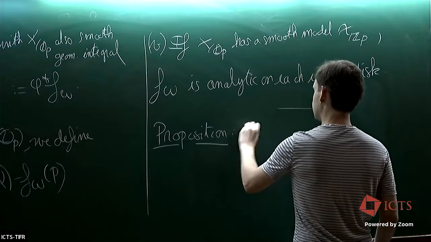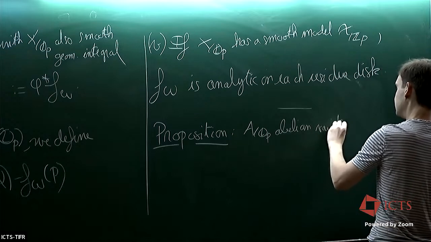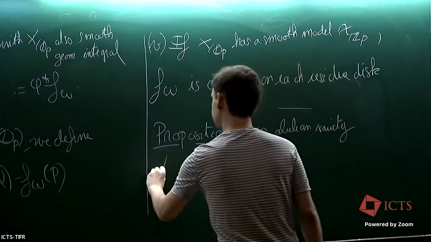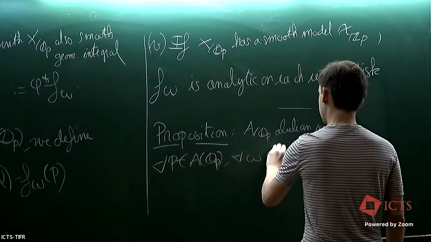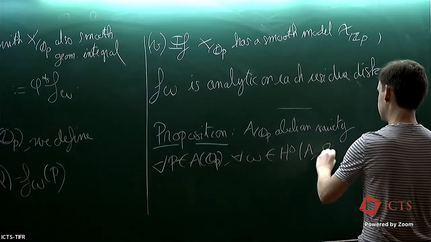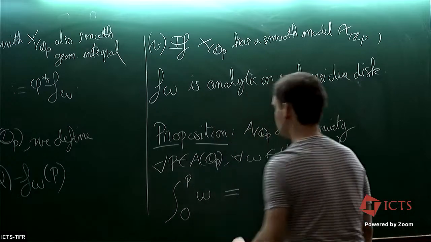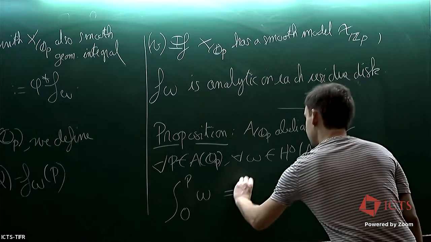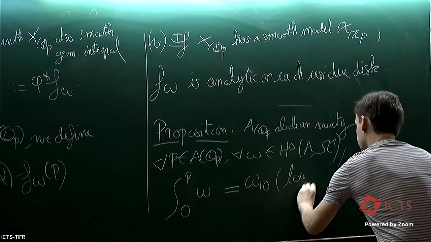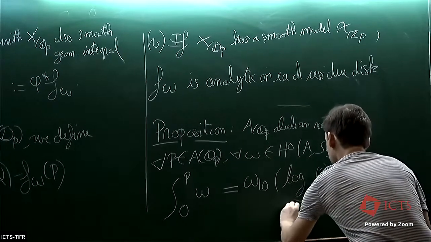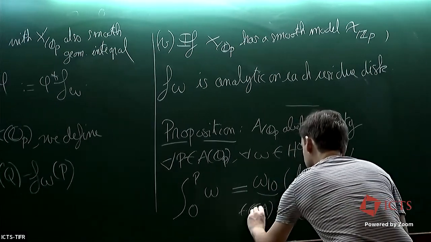Here, I take an abelian variety A, and then for all P inside A of Q_p, and all omega inside the global forms, if I integrate omega from 0 to P, it's the same thing as evaluating the form restricted to 0 on the logarithm of P. So the logarithm belongs to the tangent space, and the form belongs to the dual tangent space.